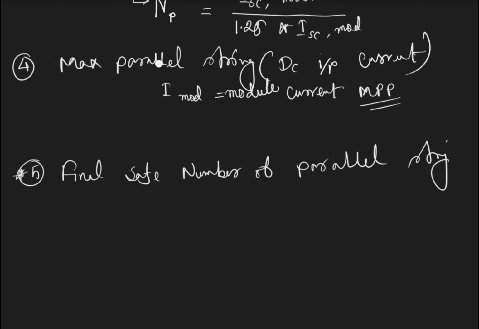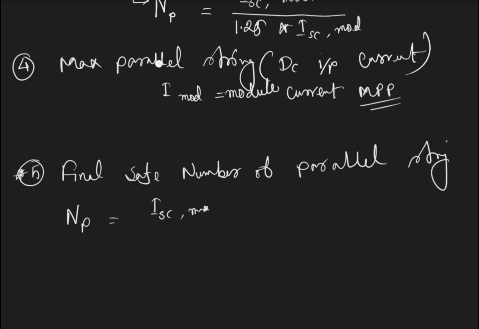Parallel string. Indeed, the number in parallel is equal to the short circuit maximum current. This is actually the final equation.